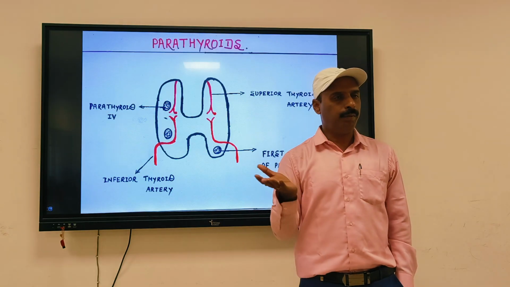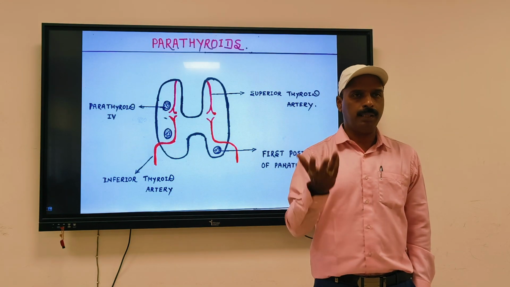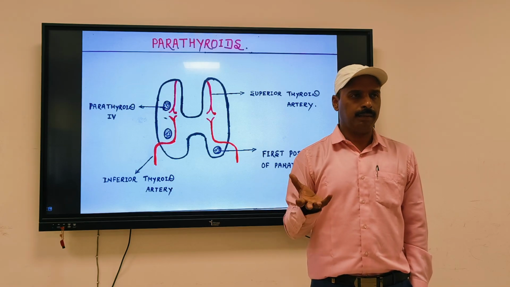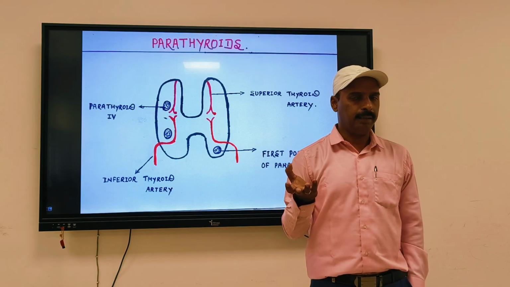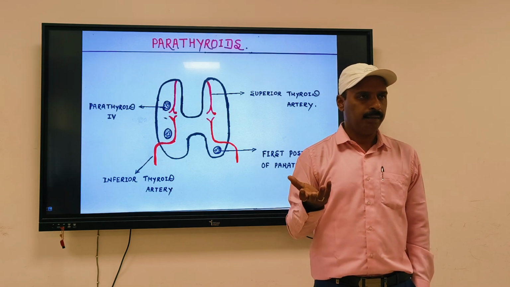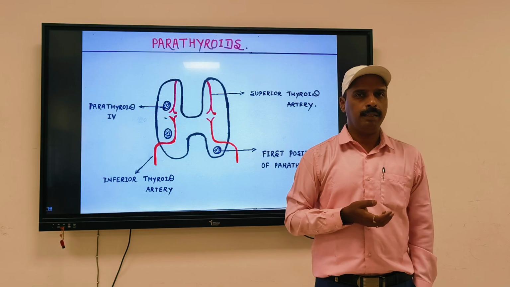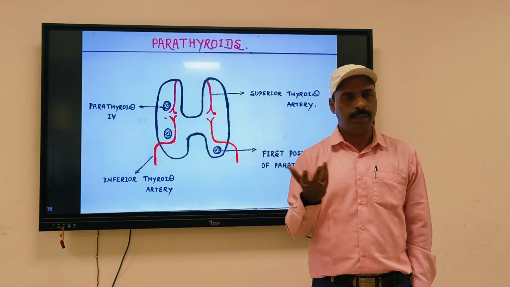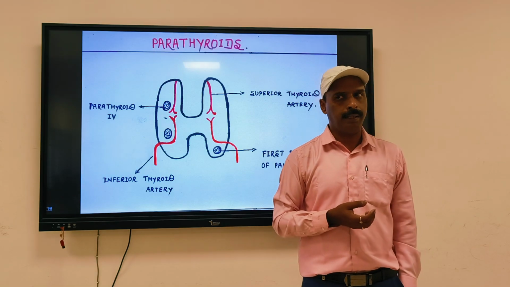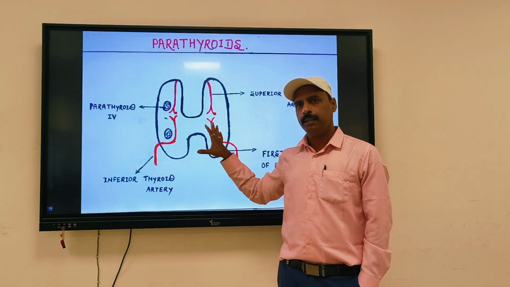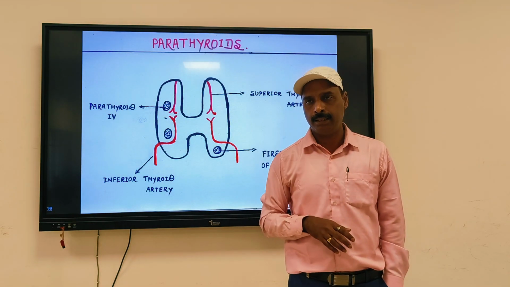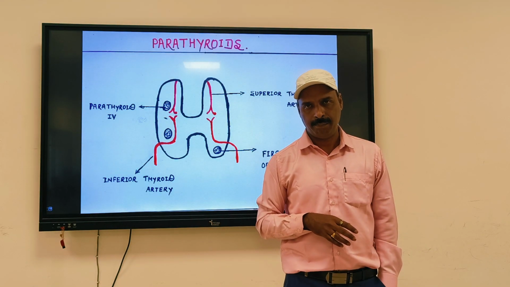But side by side, you have to advise nutritional food containing calcium, like milk products and banana. Green leafy vegetables also have iron and calcium, and fruits should be advised.